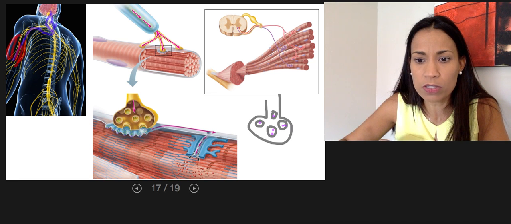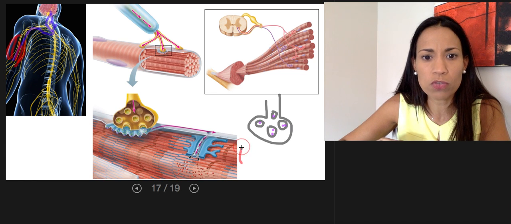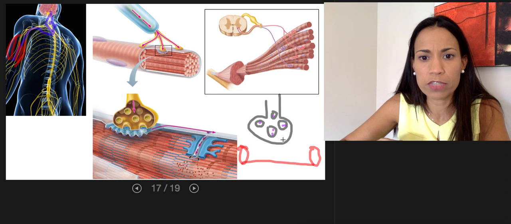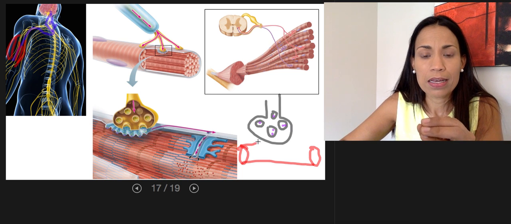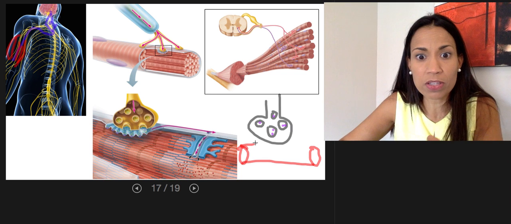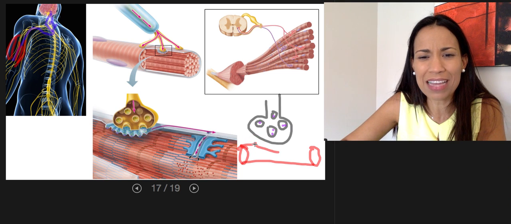Now, on the other side, what we have is the muscle fiber, right? So I'm going to draw in here my muscle fiber, cylindrical, and right in here, not in close contact, but closely located to the synaptic knob, it invaginates a little bit and folds, but don't worry, we don't need to know that structure.